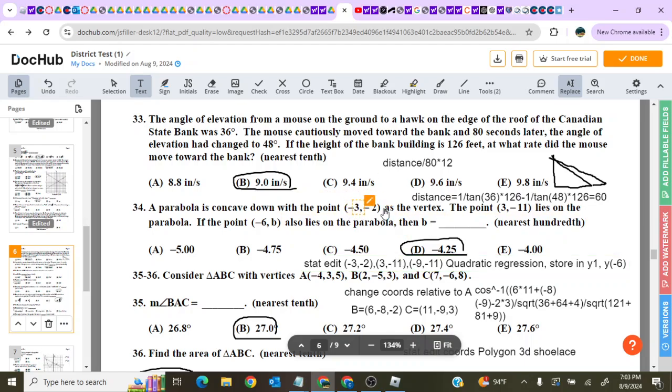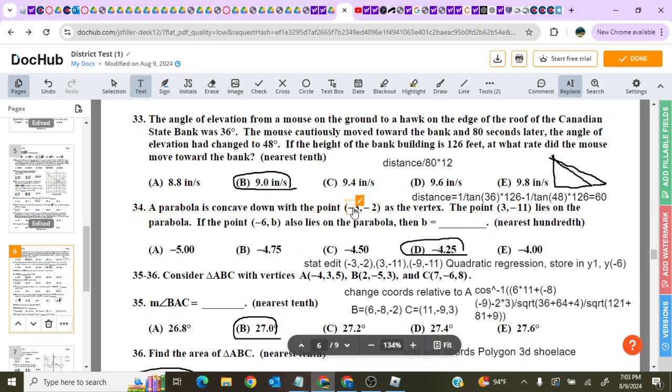Well, you're given that this is the vertex, which means a quadratic equation is always symmetric along the vertex, which means that any point a number of spaces to the right of the vertex will have the same y value as the one that many spaces to the left.